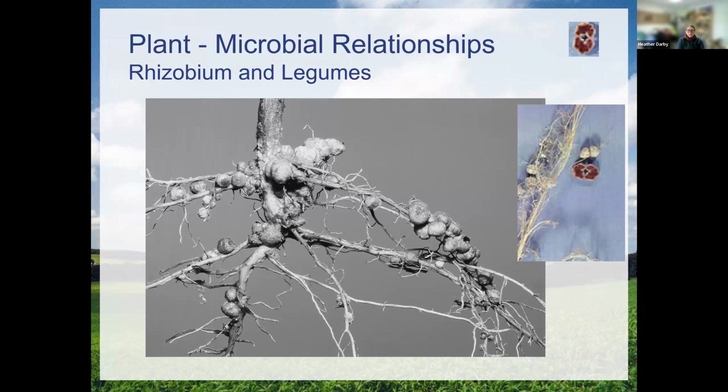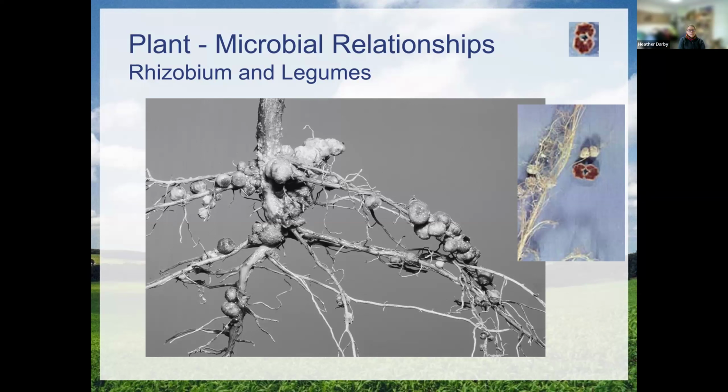And those bacteria form a symbiotic relationship with the legume plant roots. Okay, so symbiotic means that each partner gets a benefit, right? It's not a parasite, so it's not just taking from the legume.